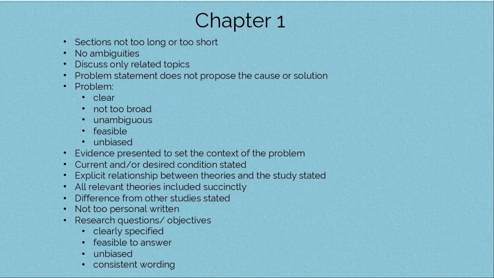This slide presents criteria to evaluate the quality of Chapter 1. As you know, it functions as a kind of lighthouse for you whenever a decision must be made, since it includes the main elements of your study: problem, purpose, research question, objective, etc. The criteria that I present in this slide are focused on establishing how clear, feasible, well-focused, unbiased, and consistent what you wrote is.